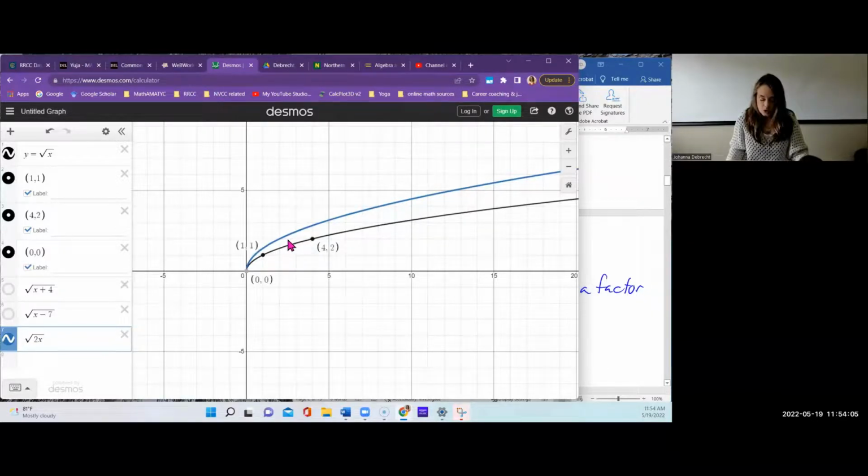What was at 4, 2 gets cut in half and compressed, and it becomes 2, 2. The effect is to squish the graph horizontally, like grabbing the sides and pushing them together. And it has the same effect as vertically stretching it. So it does meet our expectations.